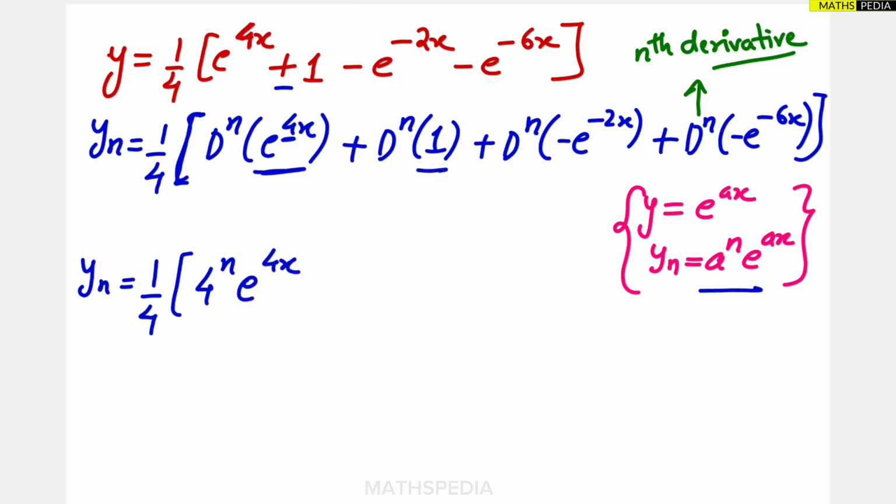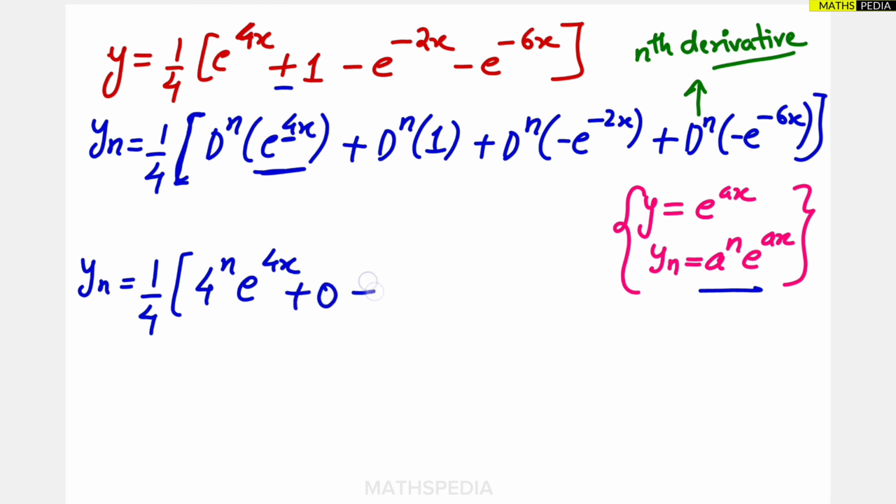Now the nth derivative of 1: whenever you get a constant, remember that its nth derivative is 0. If you want, you can write it as 1 e power 0x, but there is no use, because then a is 0, so 0 power n into e power 0x is again 0. So no need to write. Always remember the nth derivative of a constant is 0.